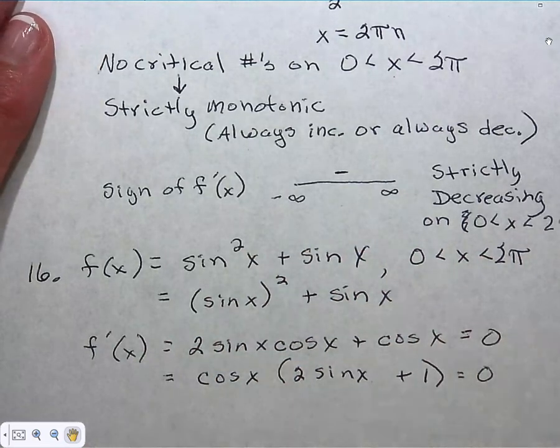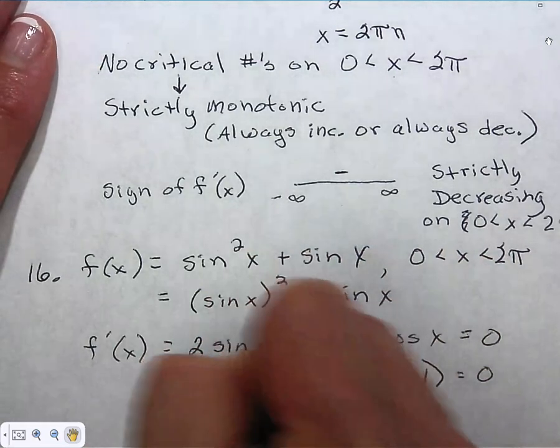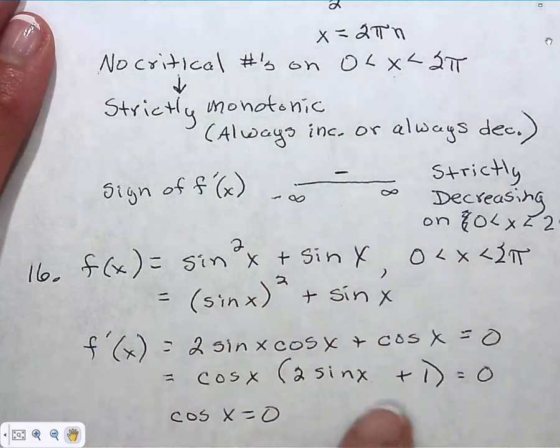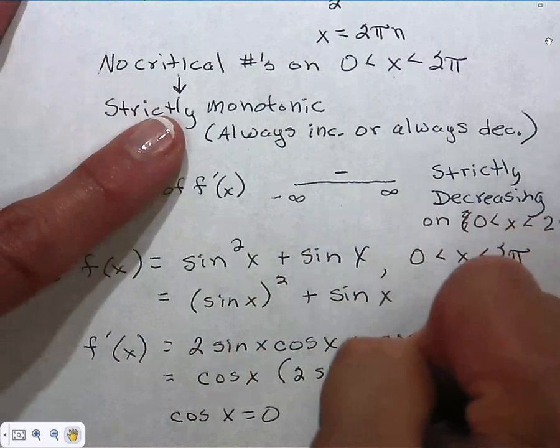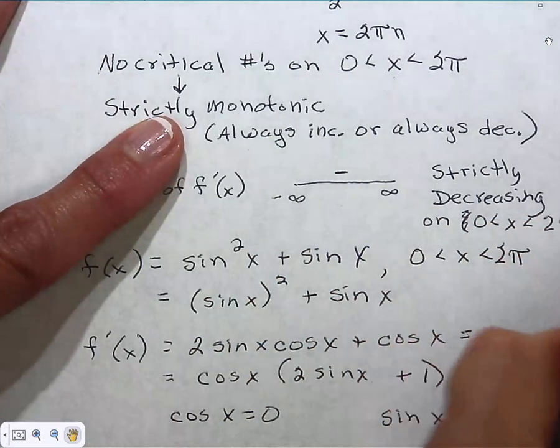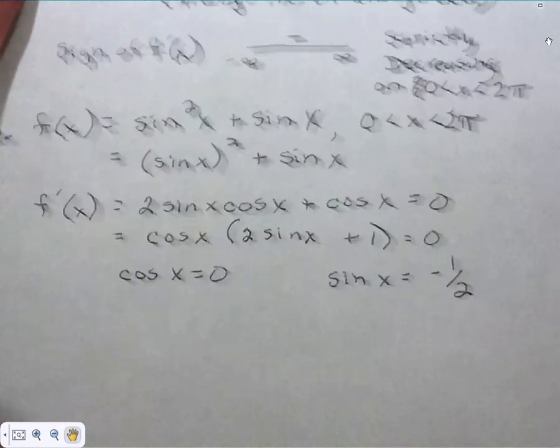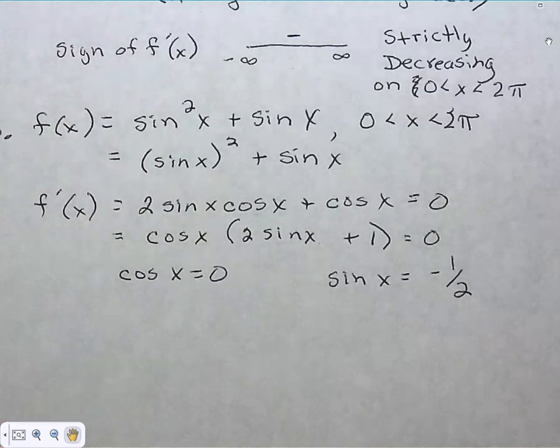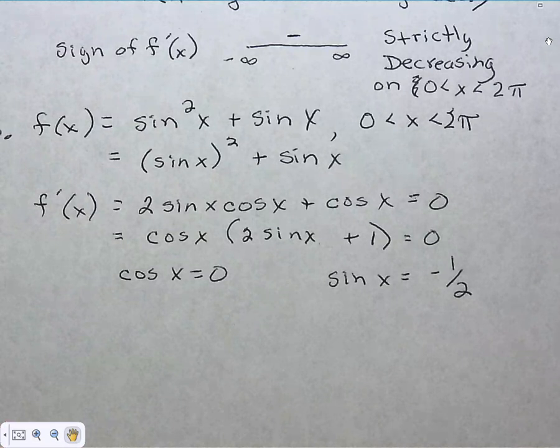And then you can set each factor equal to 0. If I set that equal to 0, I would subtract 1 from both sides and then divide by 2. So I'm looking for what makes cosine 0 or what makes sine -1/2.